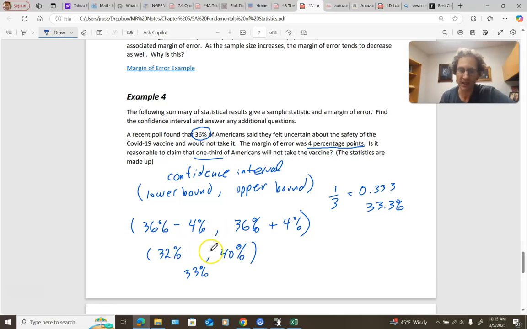So because it's within this confidence interval, and because this interval represents where the true population parameter lies, we can say, well, because 1/3 is within this interval, then yes, it is reasonable to assume that 1/3 of Americans are not going to take the vaccine, okay?